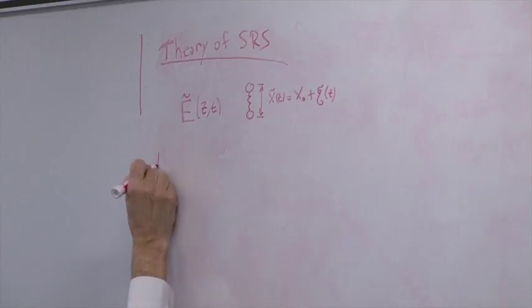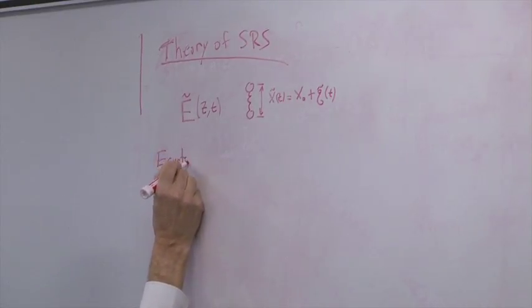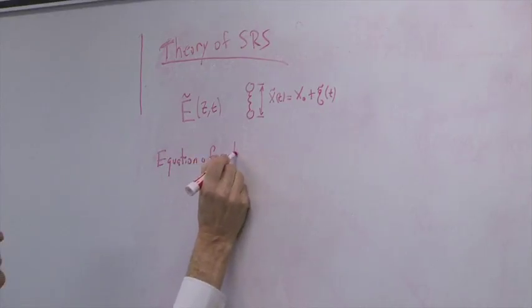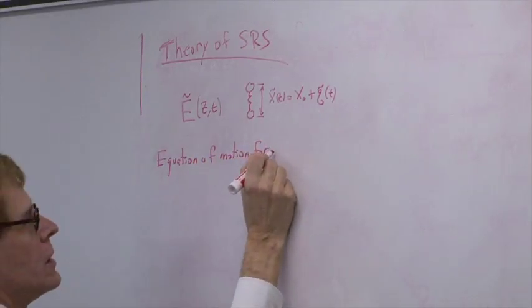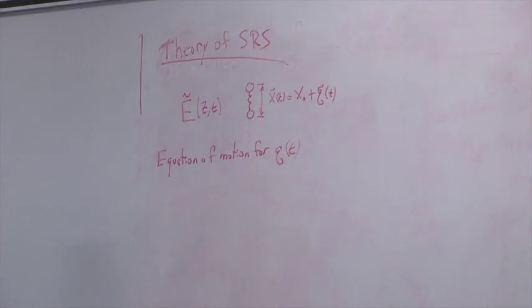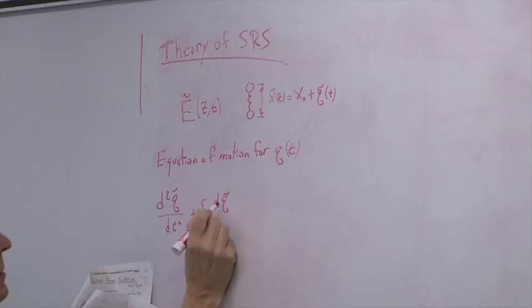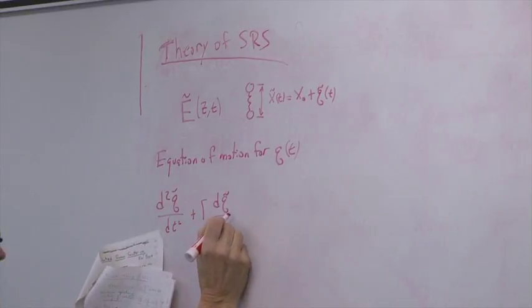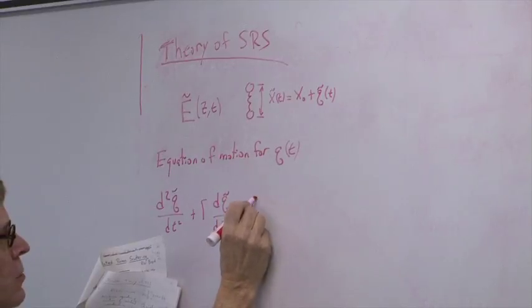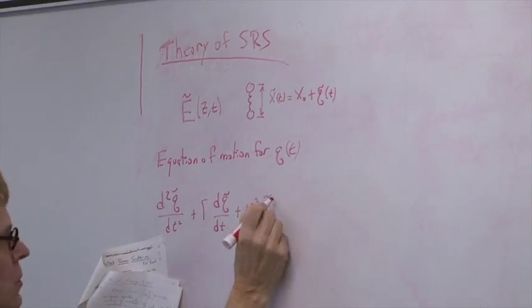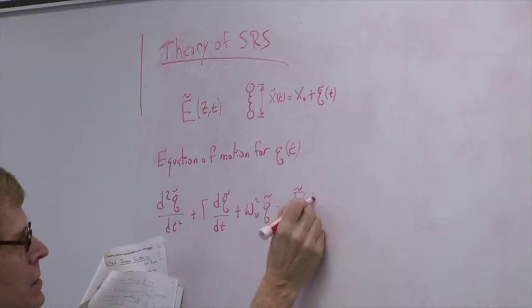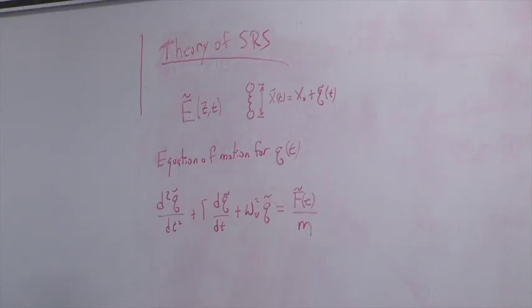So let's assume that the equation of motion for q(t), the molecular vibrational coordinate, is d²q/dt² plus gamma dq/dt plus omega_v squared q is equal to f(t) over m. Well, what is m? It's the reduced mass, right?